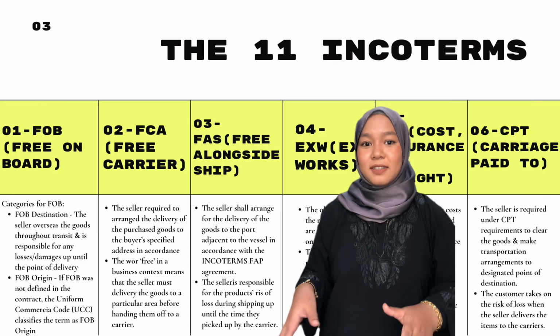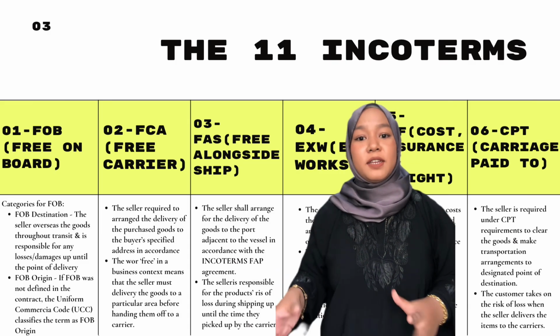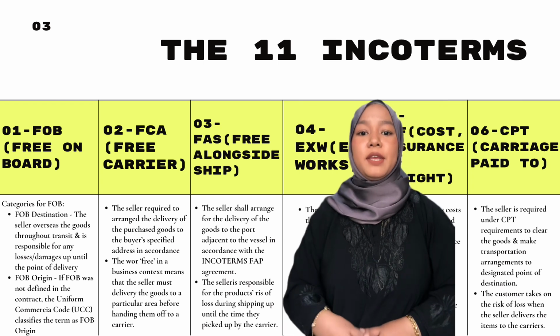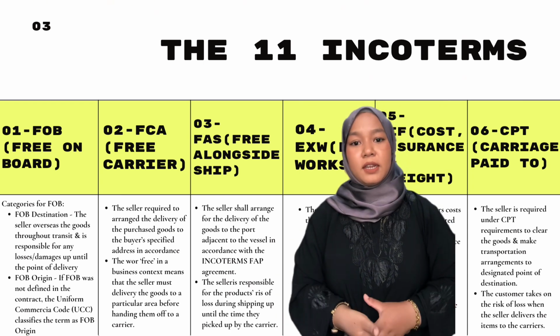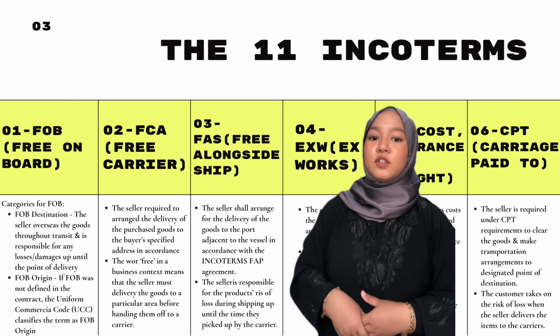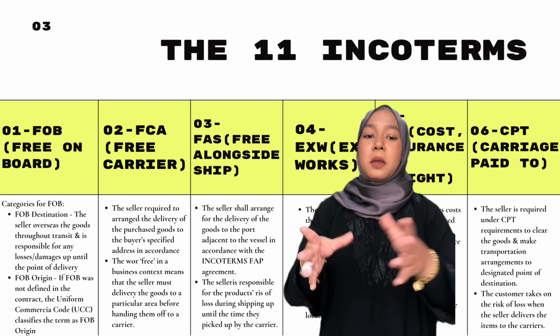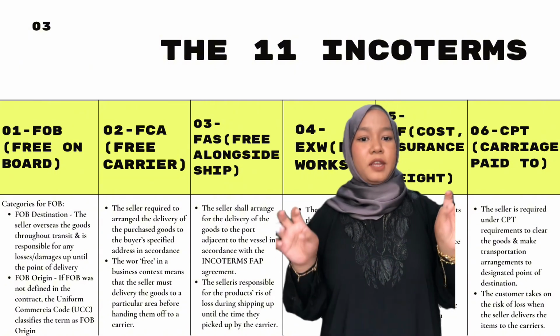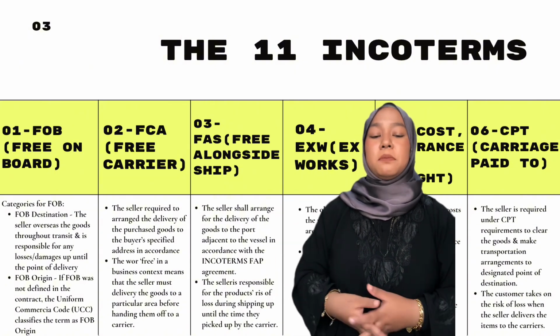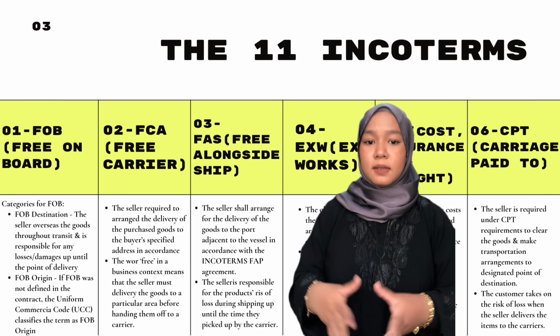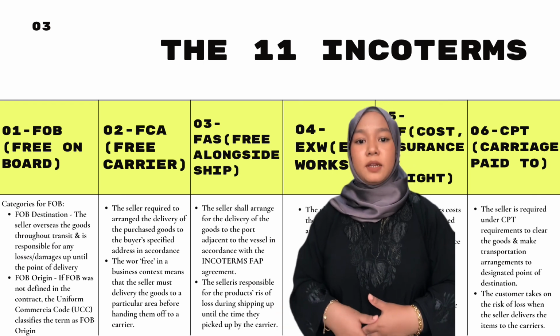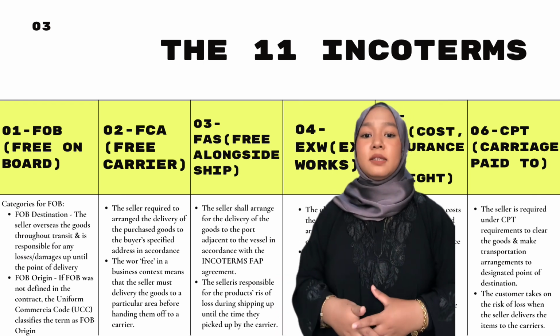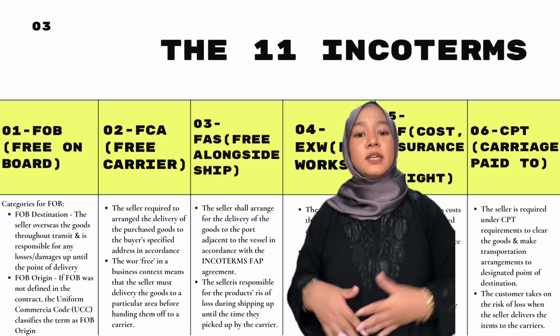The second one is FCA, free carrier. The seller is required to arrange the delivery of the purchased goods to the buyer's specific address in accordance. The word free in a business context means that the seller must deliver the goods to a particular area before handing them off to a carrier.